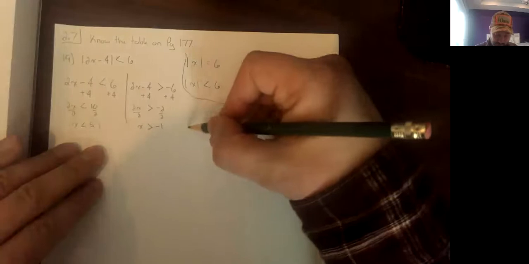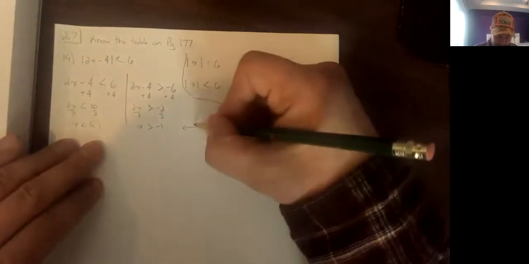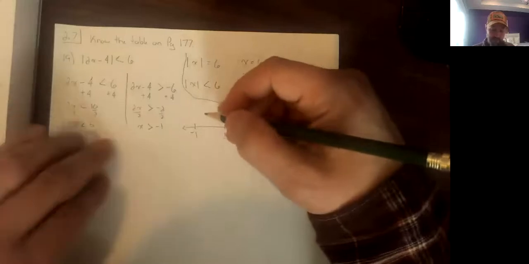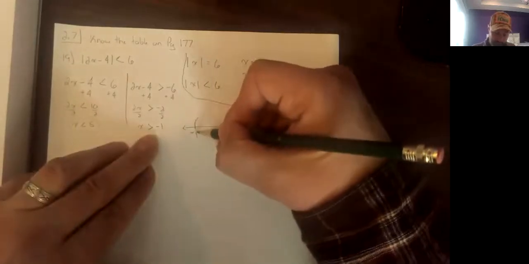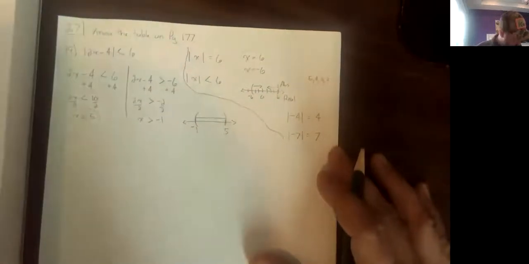I divide by 2, x is greater than -1. So for my number line, there's my -1. There's my 5. I know that x is greater than -1, less than 5. That's how I do my number line.